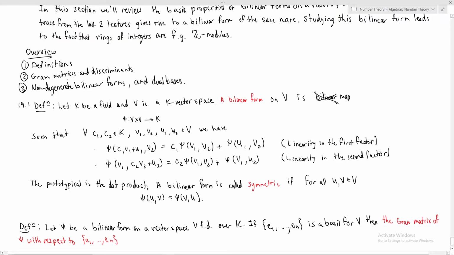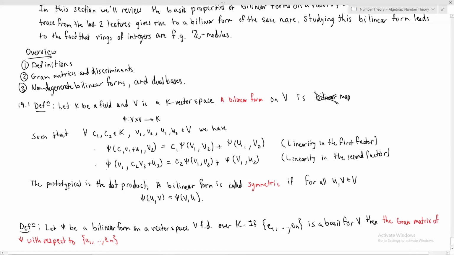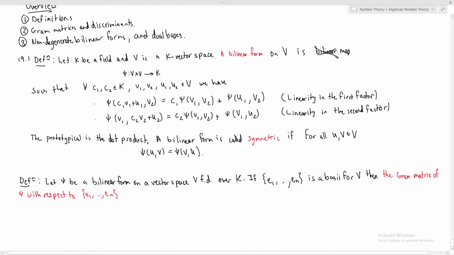It's the matrix which looks like, so essentially you just take all the possible pairs of basis vectors and you compute what psi of those guys are, and that gives you an n by n matrix.